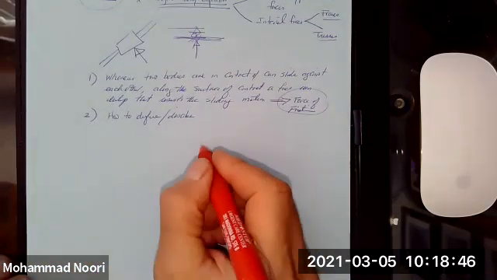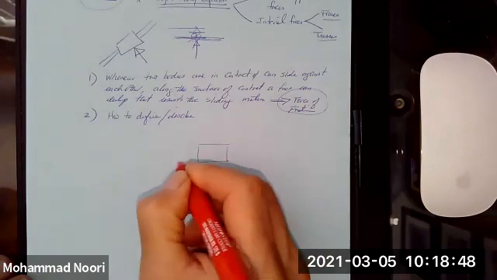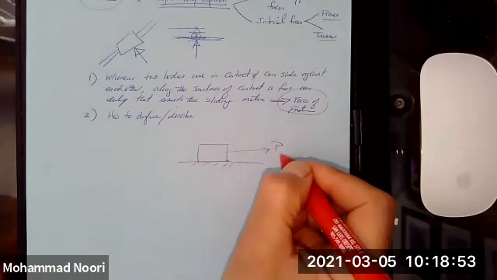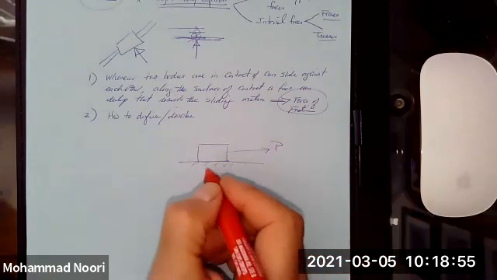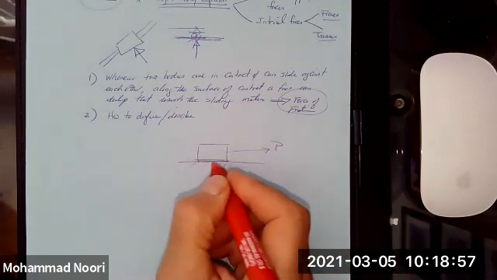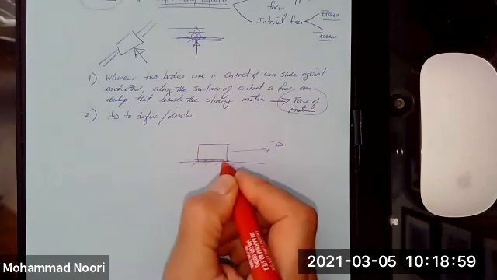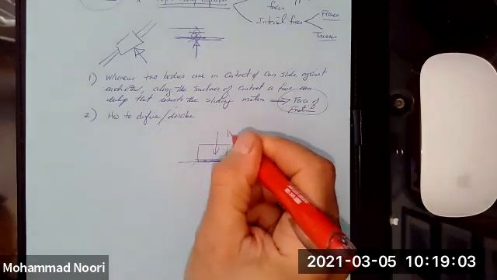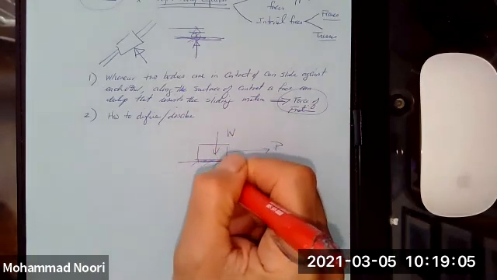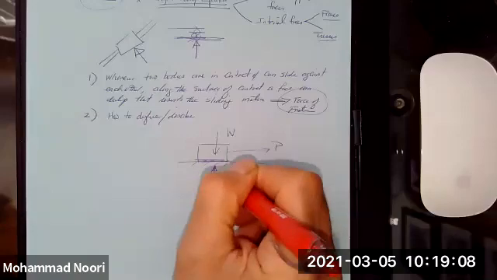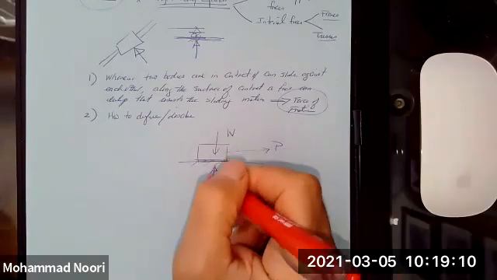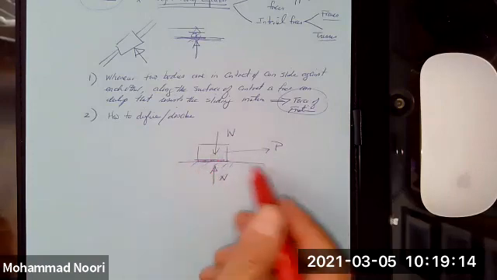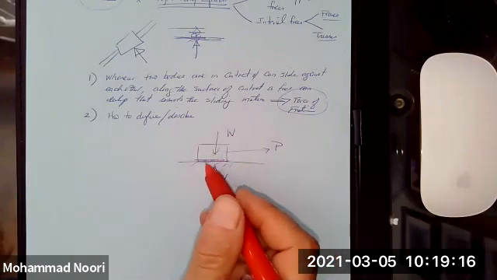Let's say you have an object sitting on the ground and you want to pull this object exerting a load P, okay, either sitting here or there's a roller between them, whatever, doesn't matter. This object has a weight. So when it comes to a free body diagram, obviously there is a vertical load acting perpendicular to the surface of contact.